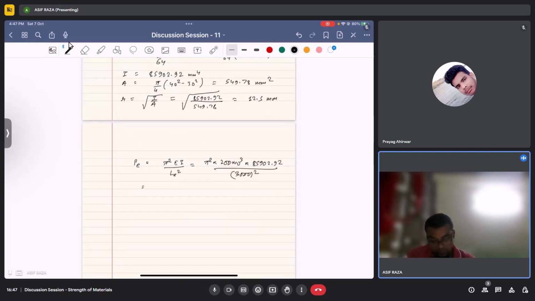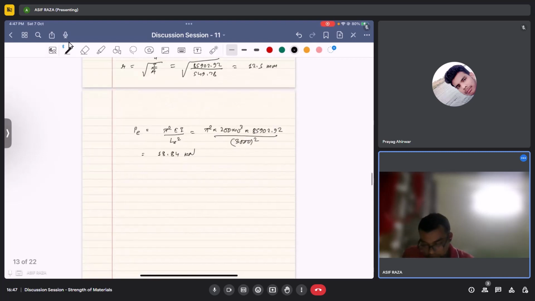So let's find this. 200 into 10 power 3 into 85902.92 into pi square divided by 3000 square. This comes around 18.84 kilonewton. Okay.